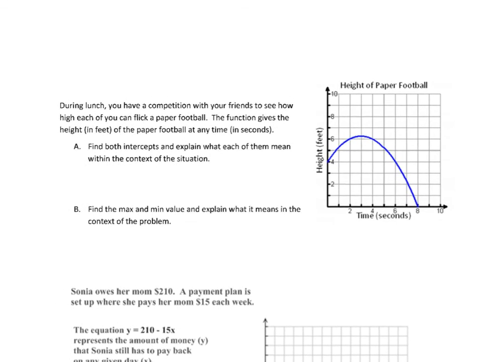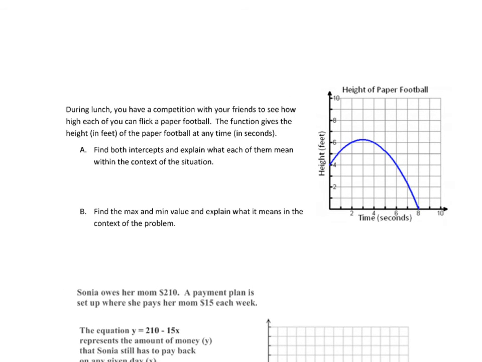All right, during lunch, you have a competition with your friends to see how high you can flick a paper football. Do y'all even know what that means? I haven't seen anybody do that in quite a while. You fold up a piece of paper into a little triangle, and that's your football. Then you hold it on the table between your thumb and your index finger, and then you flick it with the other hand, and it goes up in the air.